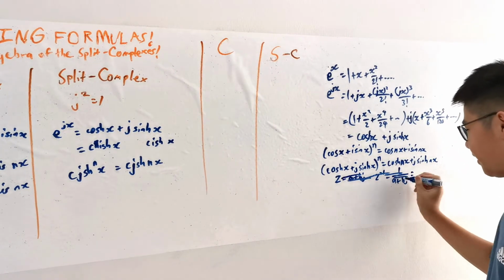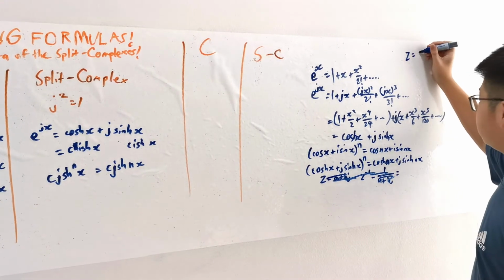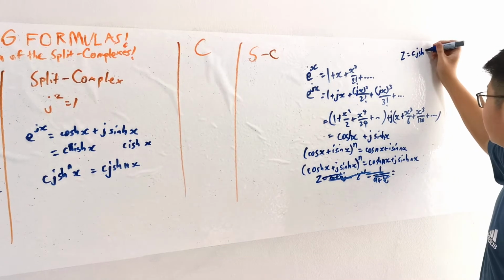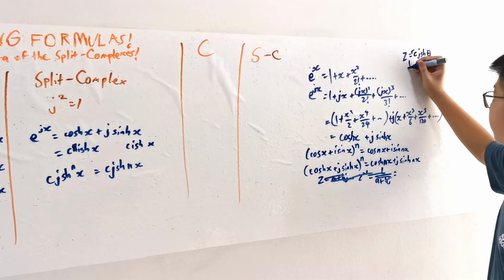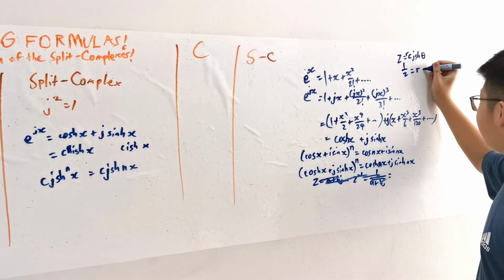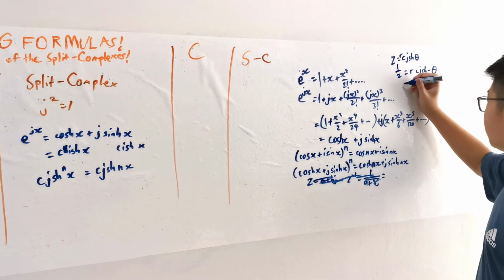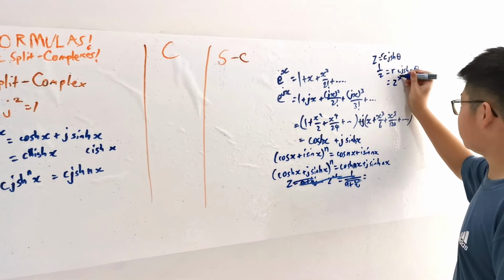Let's not do rectangular form. Let's do cis form. z equals r chish theta, and then 1 over z equals r chish negative theta, which, as you might know, is the conjugate, z conjugate.